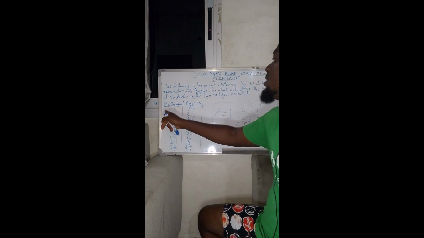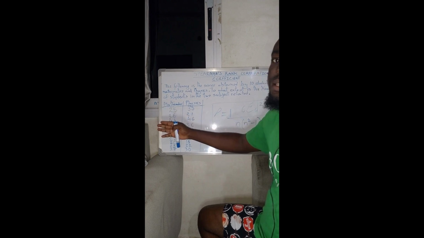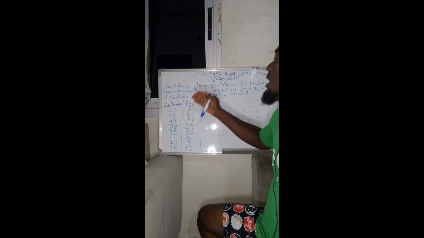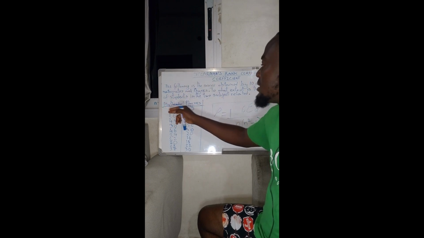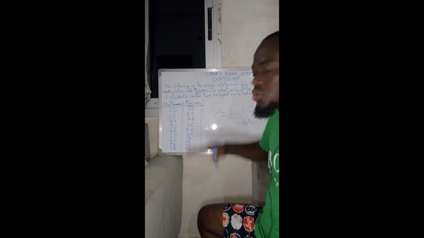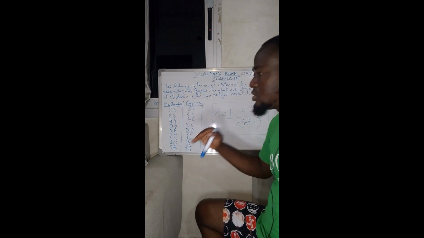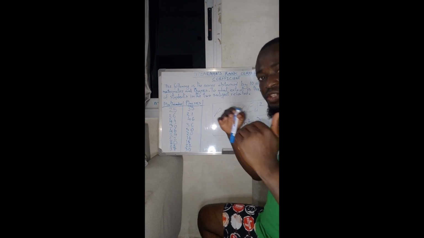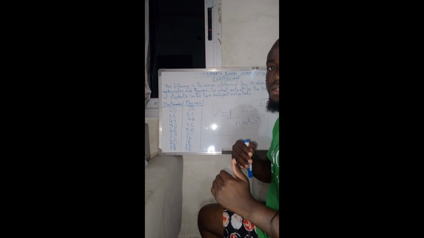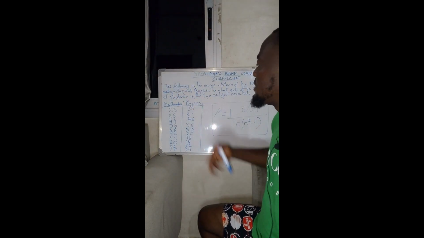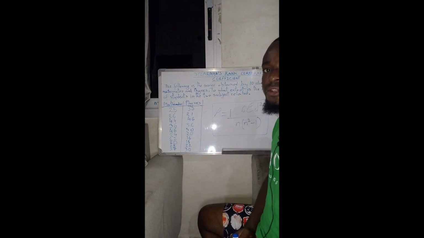That is, if student A scores a high score in mathematics, does that same student score a high score also in physics, or a low score? We want to know the strength, either it is strong or weak or no correlation. So this is what we want to find out.